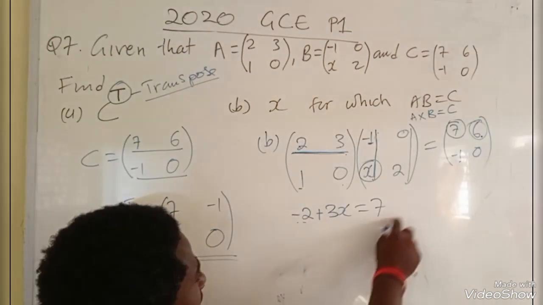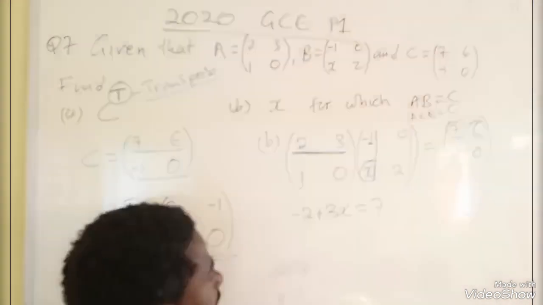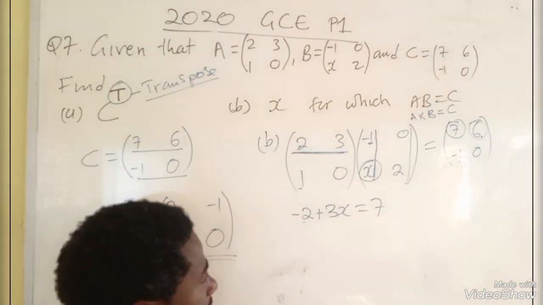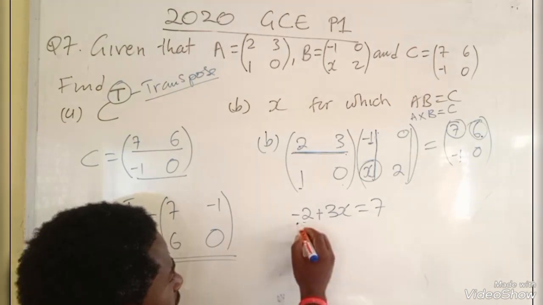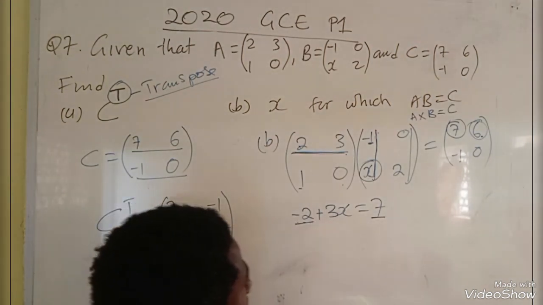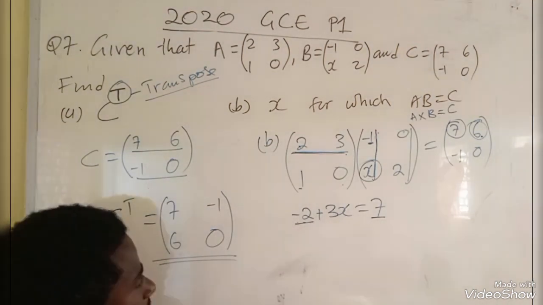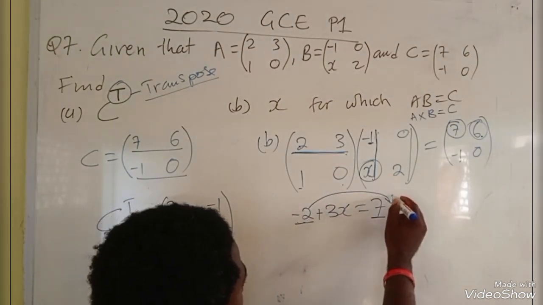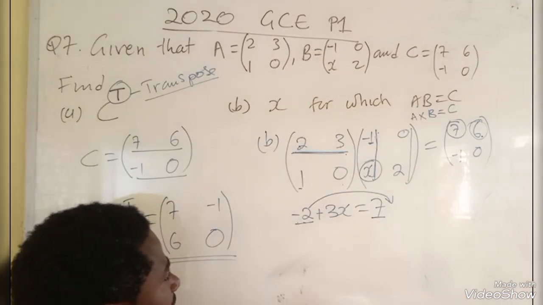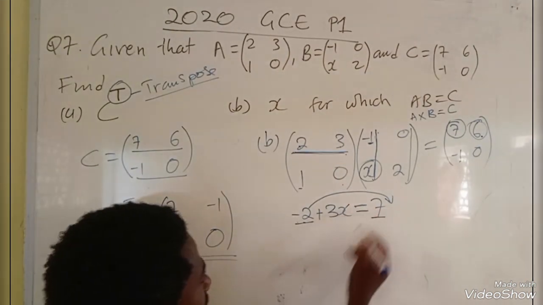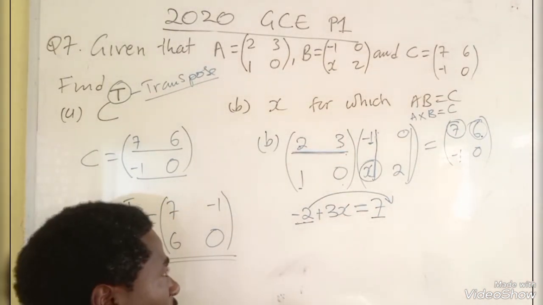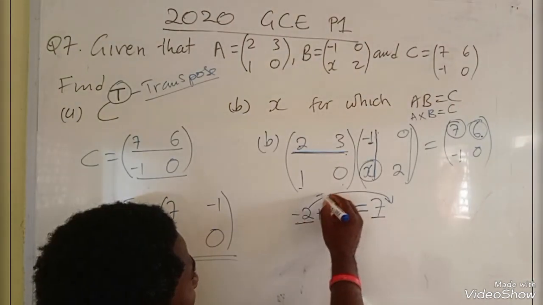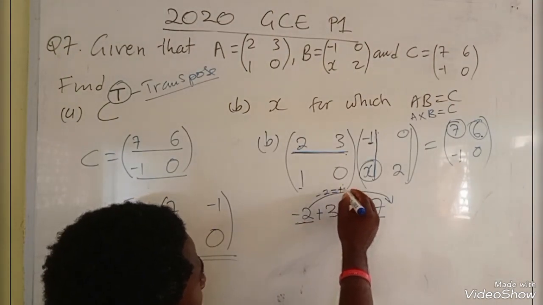Now we have a linear equation. In this case, we are going to collect the like terms. So -2 and 7 are like terms. -2 will shift to this side. Since it is crossing the equal sign, the sign will change from -2 to +2.